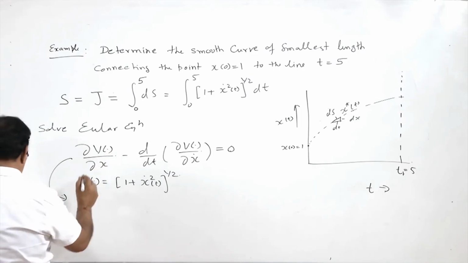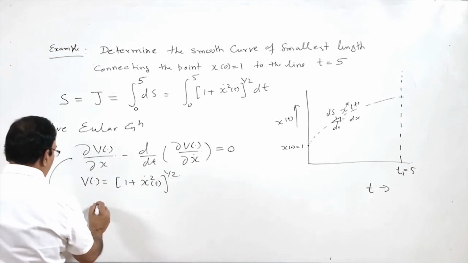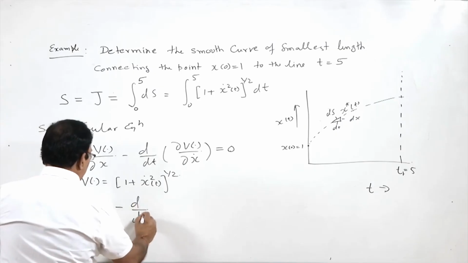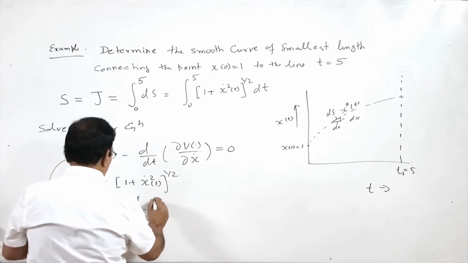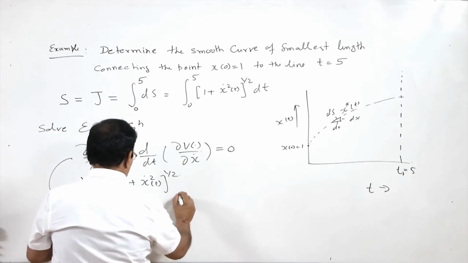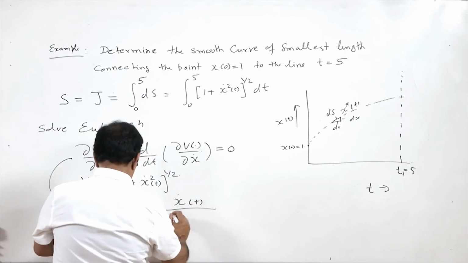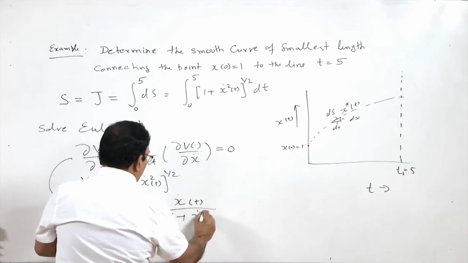If I use V in the EL equation, del V by del x is independent of x, so it is 0, minus d by dt of x dot t over square root of 1 plus x dot squared t.